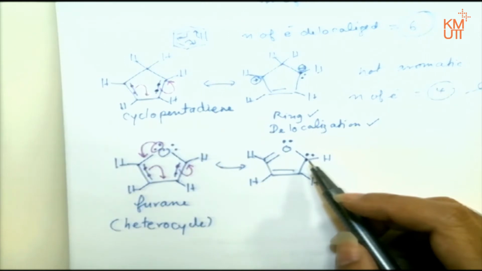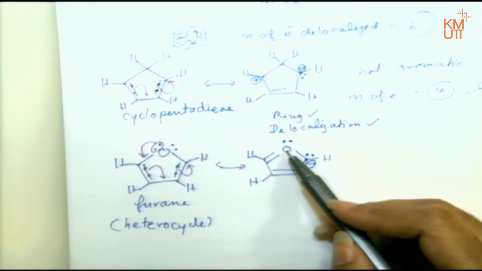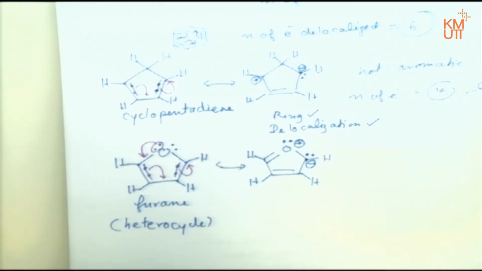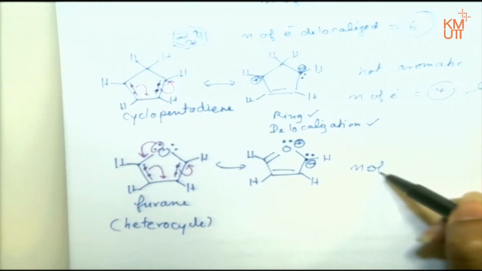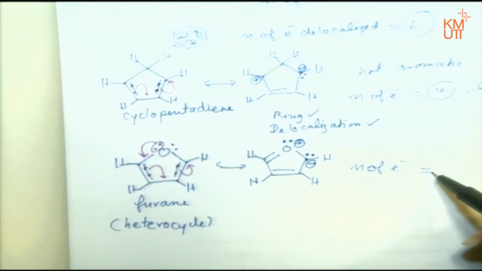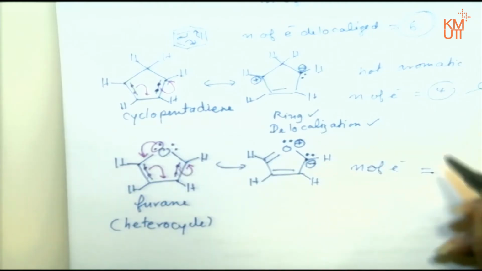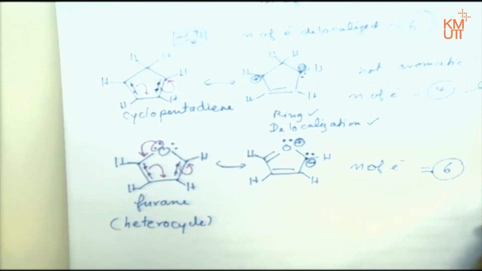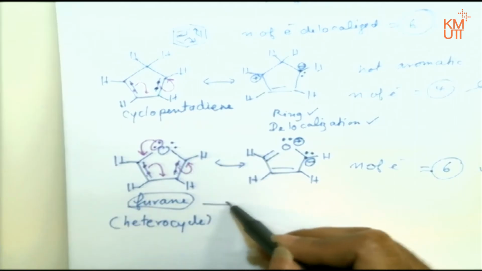But how about the charge? This carbon becomes negatively charged, and the oxygen has a positive charge. So the number of electrons participating in the delocalization is 6. So this follows the rule. So furan is aromatic.